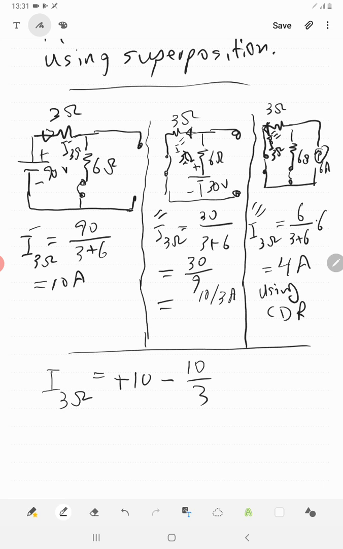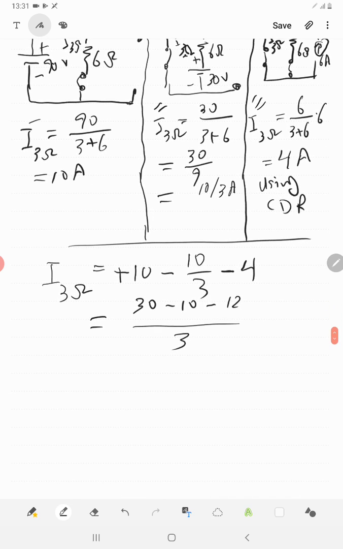The other circuit is also negative. I 3 ohms triple prime is in the opposite direction, so we say minus 4. So this will be over 3: 30 minus 10 minus 4 times 3, which is 12.